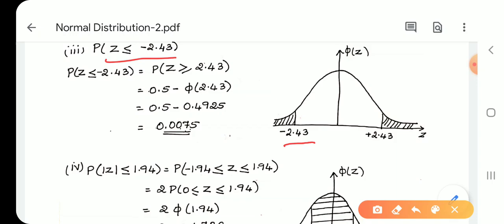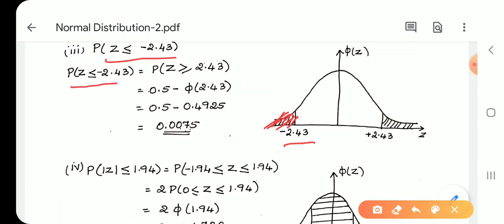So we have to find the region which is less than minus 2.43. So it is the remaining portion of the curve to the left of minus 2.43. Since it is negative, I'll take the exactly symmetric part of it which is on the positive side.